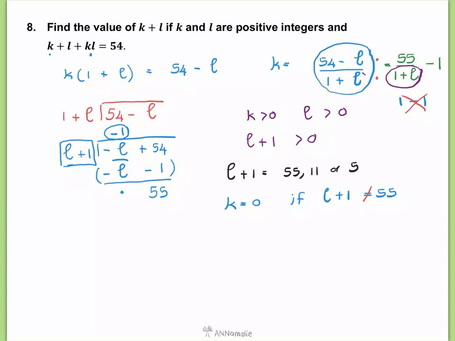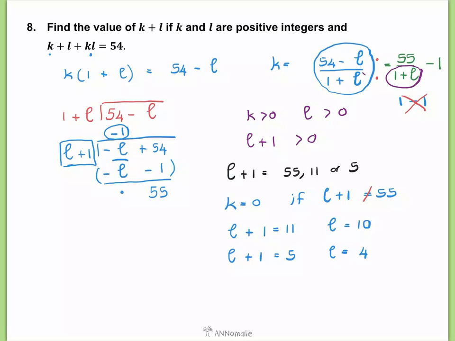Let's have a look at l plus 1 equal to 11. That means that l is equal to 10. And if l plus 1 is equal to 5, that means that l is equal to 4.